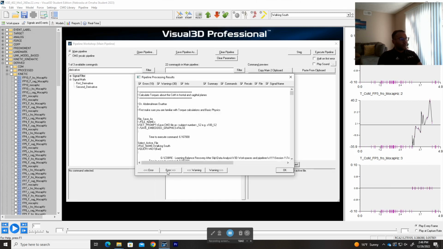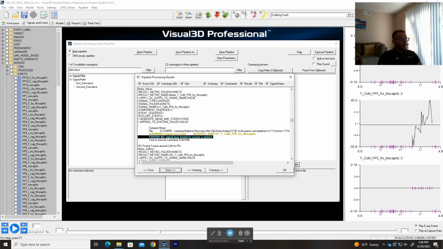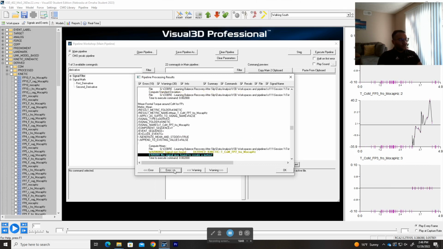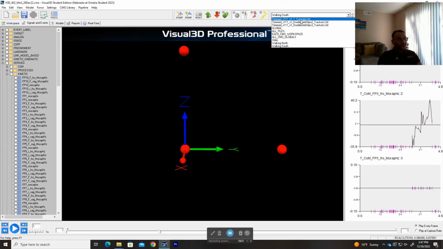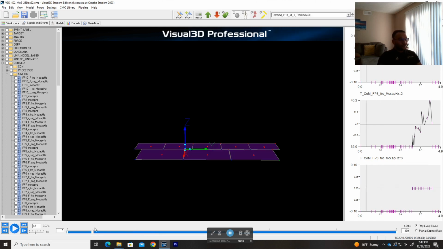And it will also give us errors. It gave us 10 errors, and that's because we don't have data from FP6, FP7, FP8, FP9 and FP10. In this specific trial, the first one, they only stepped on force plates 5, 4, and 3. That's it. They didn't really touch any other force plate.